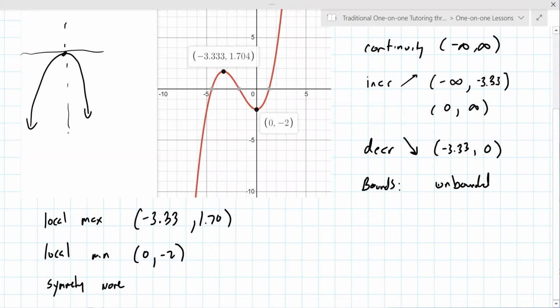Well, there's even and odd symmetry. This one doesn't have it, so not sure. I think we'll see it in one of them. So part of this is that not everything has it. Like this one doesn't have any vertical or horizontal asymptotes.